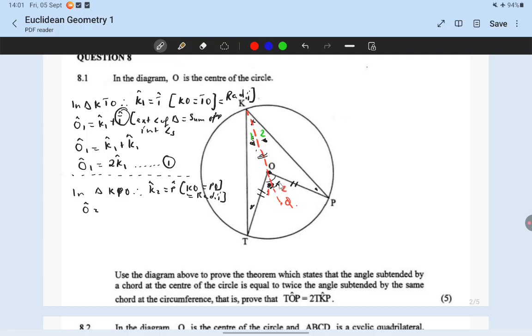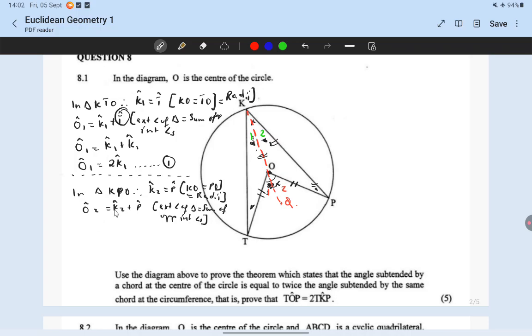So from then we can say that our angle O2, this angle that we created outside there, is equivalent to this plus this, because this is the exterior angle of this triangle. So our O2 can be equal to K2 plus our angle P. Why? Because the exterior angle of a triangle is equal to the sum of the opposite interior angles.